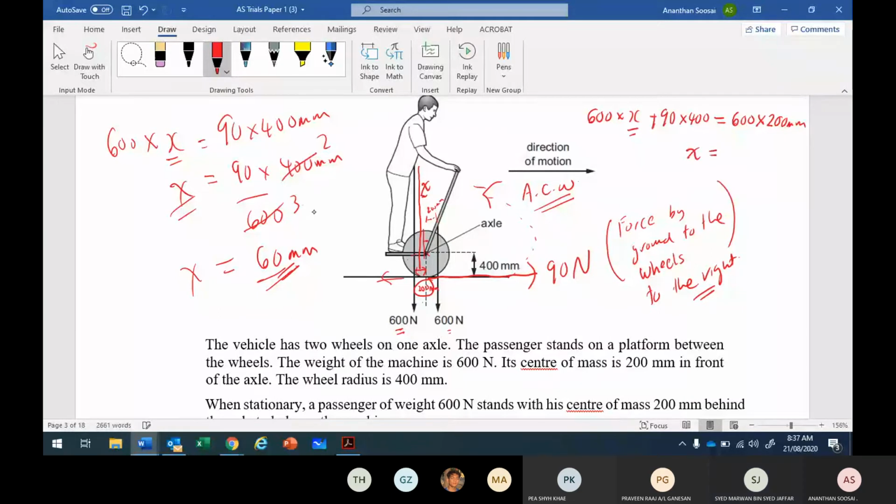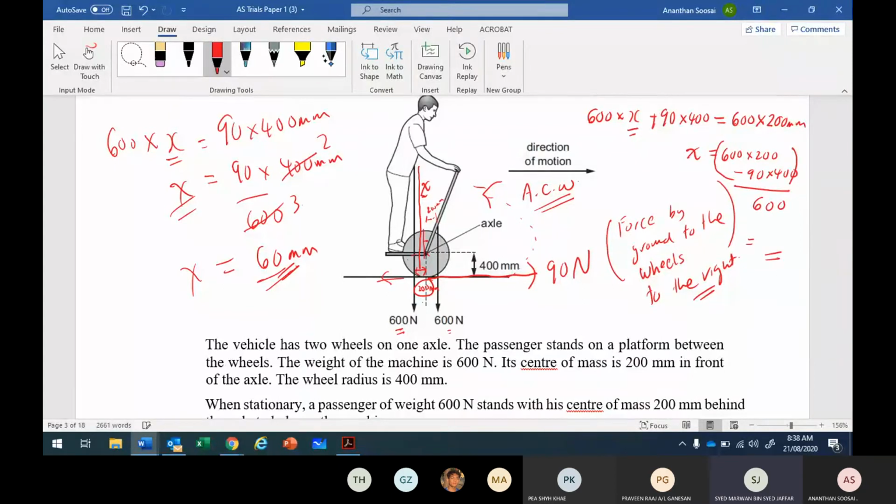If I'm mistaken, please calculate this. So 600 times 200 minus 90 times 400, this entire thing divided by 600. What do you get for the x?